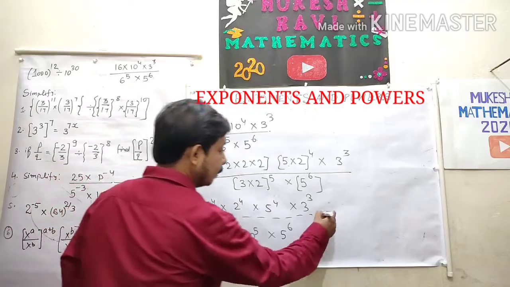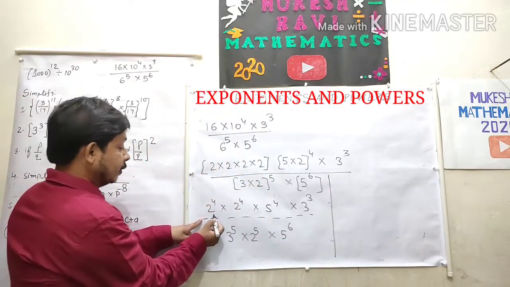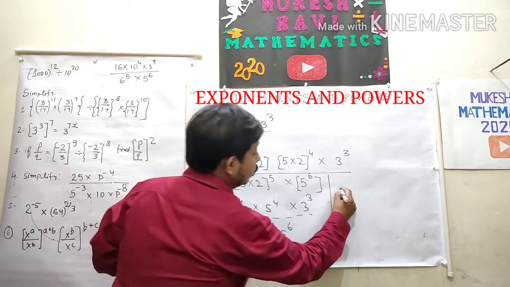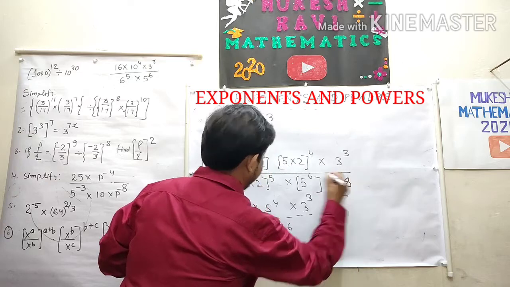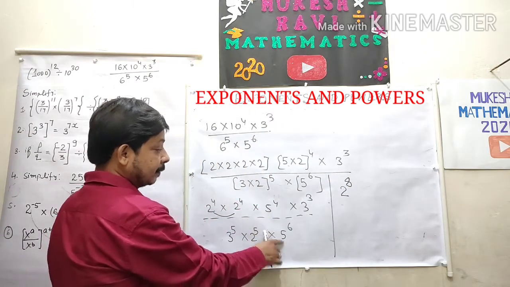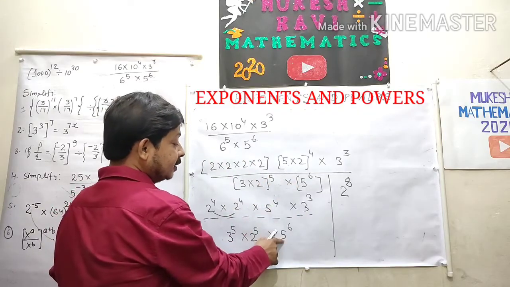Now use the basic part. When the base is same, powers should be added. So 2 to the power 4 plus 4 is 2 to the power 8. Here, when the base is same, in division the power should be subtracted.